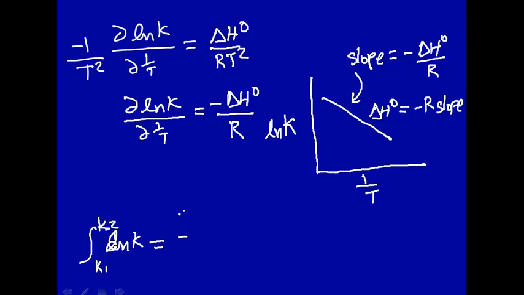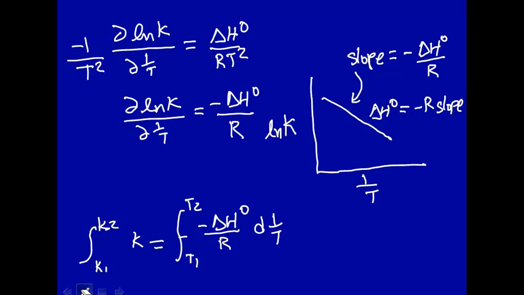That's equal to the integral going from T1, corresponding to that equilibrium constant, to T2, of minus delta H0 over R integrated over d(1 over T). This is d ln K. Alright, so let's go ahead and integrate that.